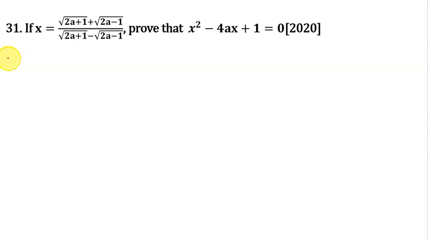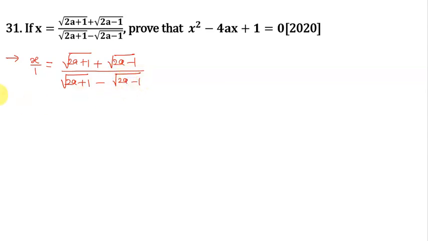Now again, solution: x upon 1 equals √(2a+1) + √(2a−1), whole divided by √(2a+1) − √(2a−1).